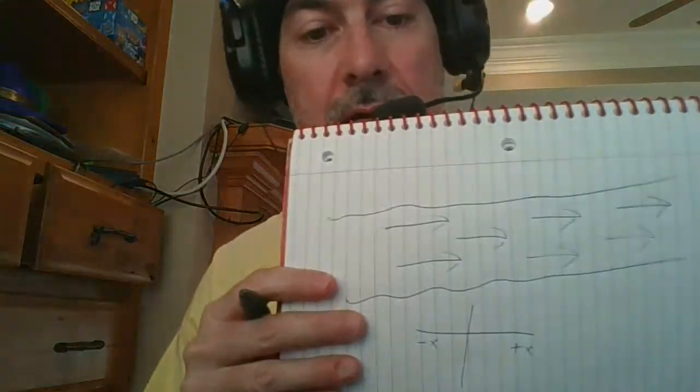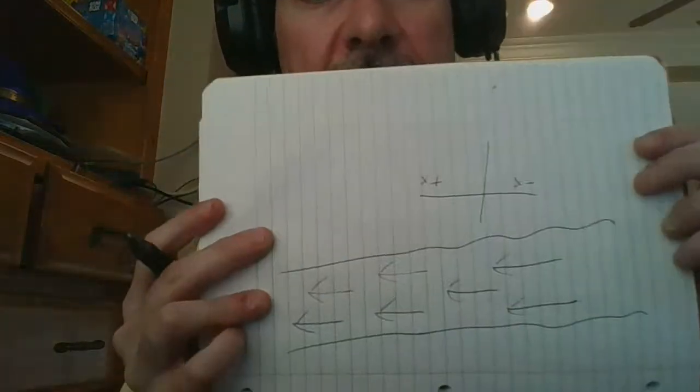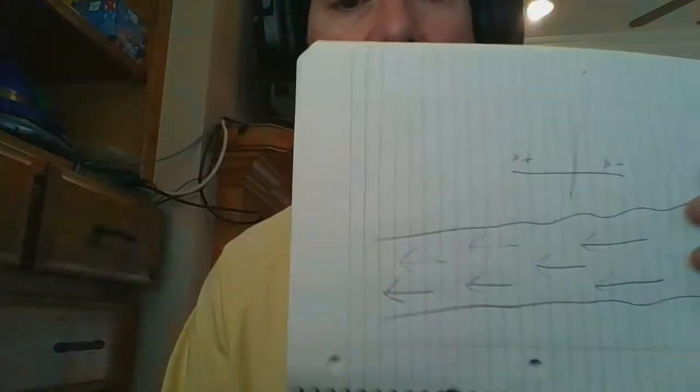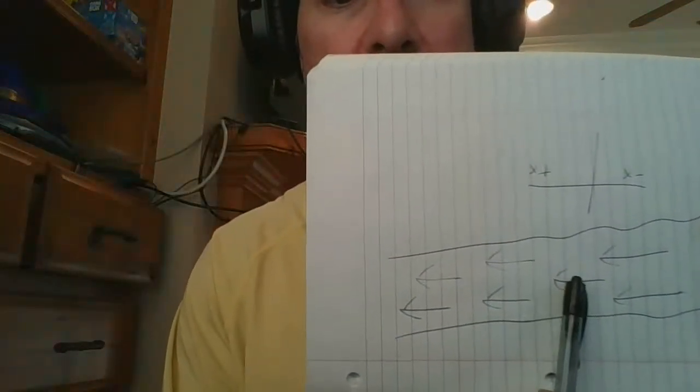Negative unbalanced forces that cause negative accelerations speed up objects moving in the negative direction. It makes sense. The river flow, right? If I was going to flip it and make it flow negatively, and I had a little rubber ducky that I drop in there, right?